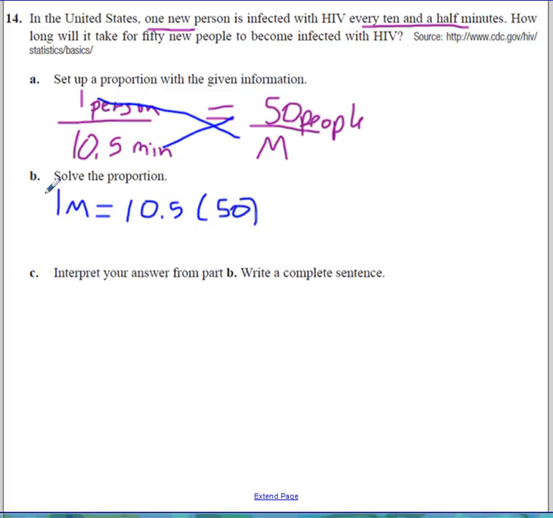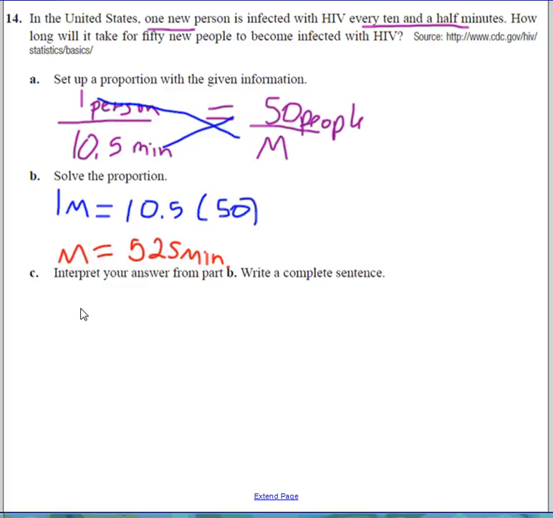And we've mentioned before, 1 is not necessary. If I have an M, we know that there's 1. And then when we multiply 10.5 times 50, we get 525. And again, that represents minutes.